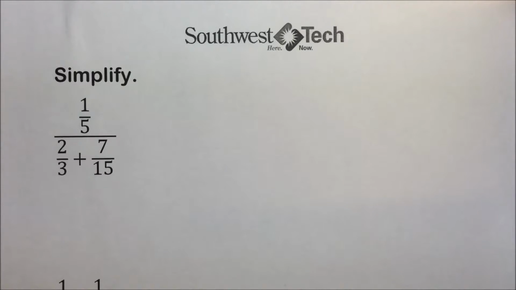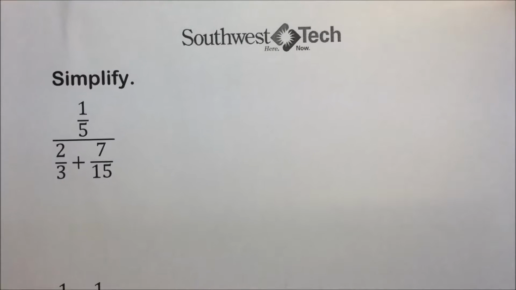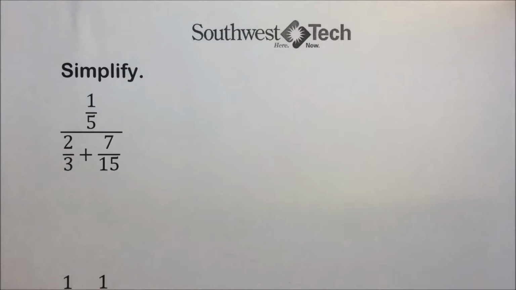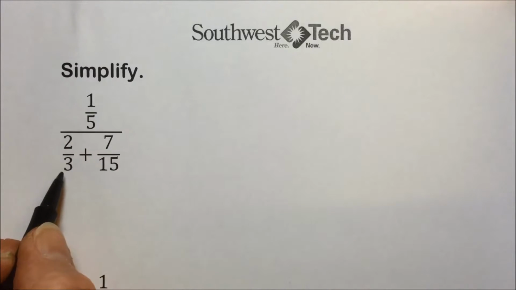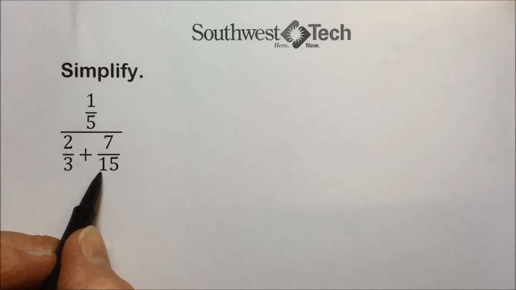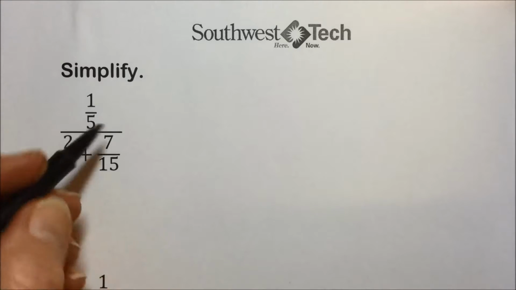The first method is to use the least common denominator of the rational expressions within this complex rational expression. So in this first example here, the denominator of the numerator is 5. The denominators of the denominator are 3 and 15. The least common denominator is 15.